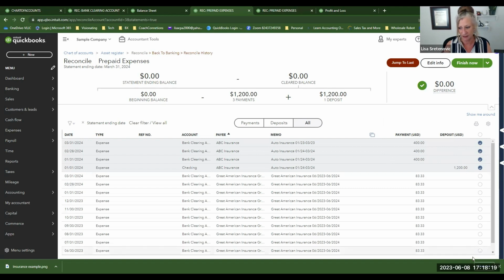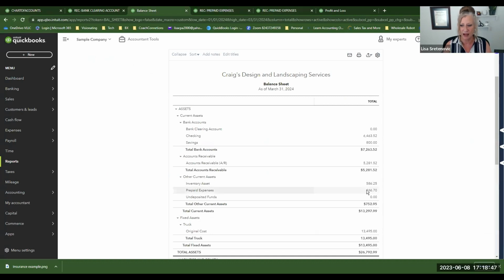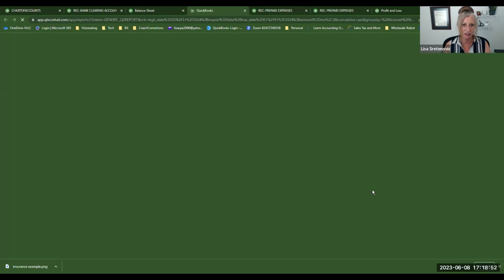If you mark everything as reconciled, then our report won't reflect in this period only the items that are uncleared. And then we go back and we drill down to the transaction report.